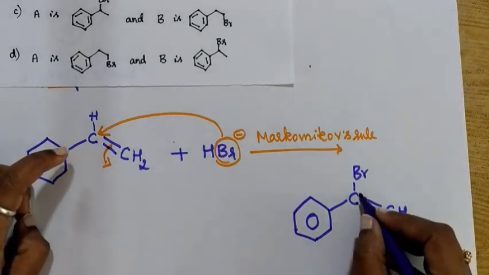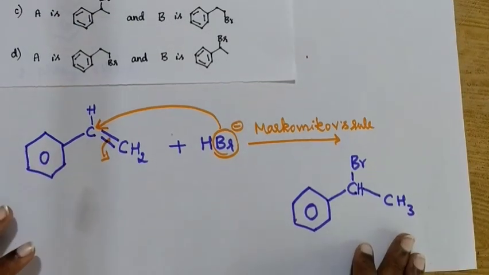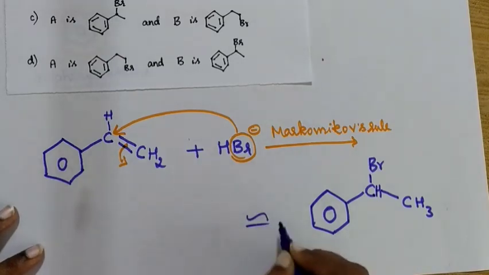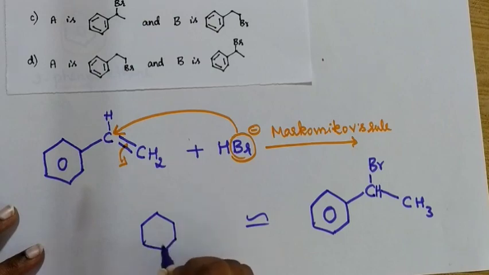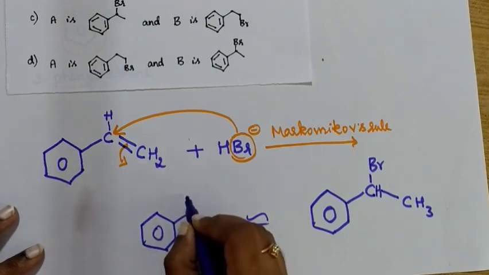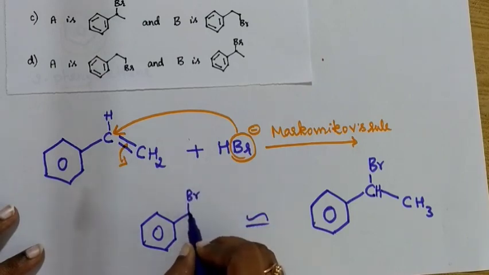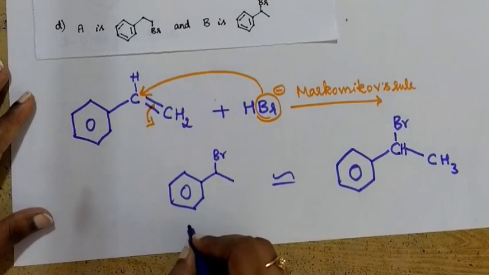One more hydrogen is there with the carbon. So this is the product which we are going to get. Let me write it in bond line form. If you write it in bond line form, it can be represented like this. This corner is going to represent the carbon with sufficient valency for hydrogen, and here CH3. This corner is going to represent CH3. So this is nothing but A.